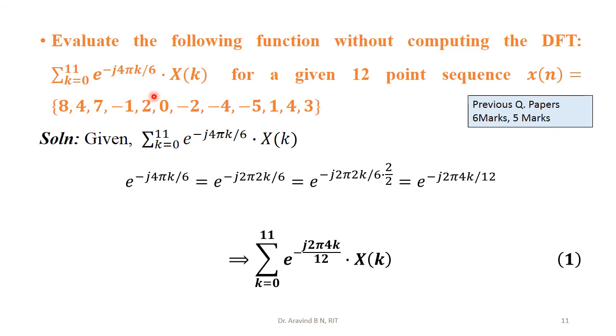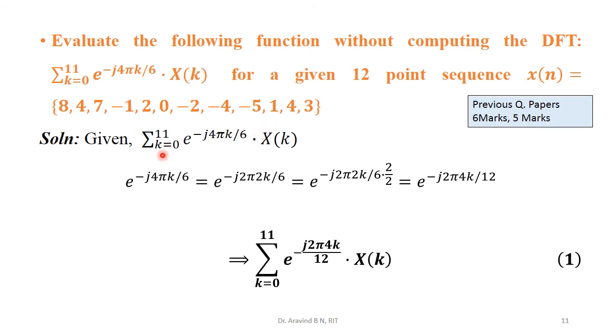What is required? With just a comparison we can identify that 12 points are given, and here it is represented as 6. So what is our first priority? Convert this expression with respect to the length n is equal to 12.